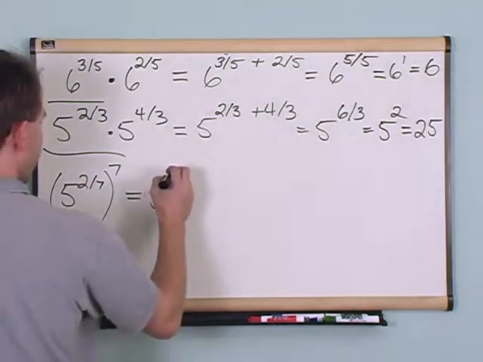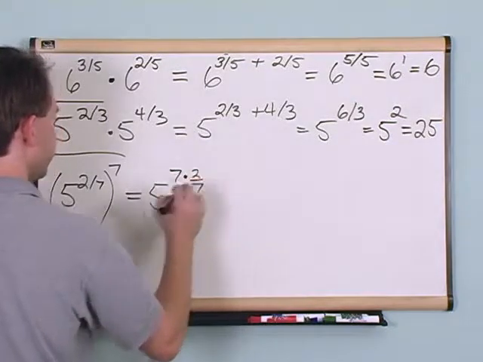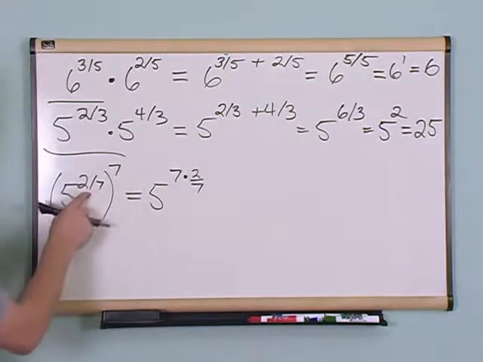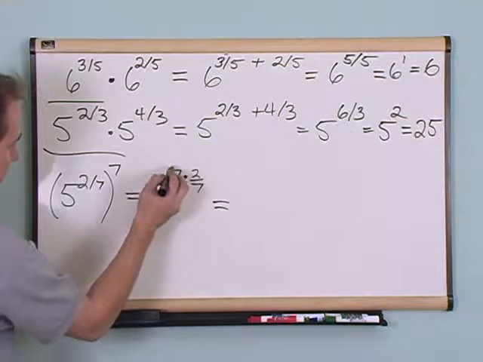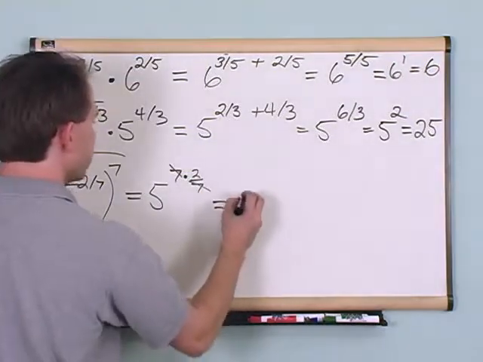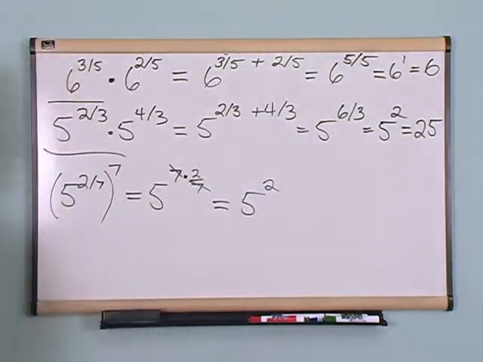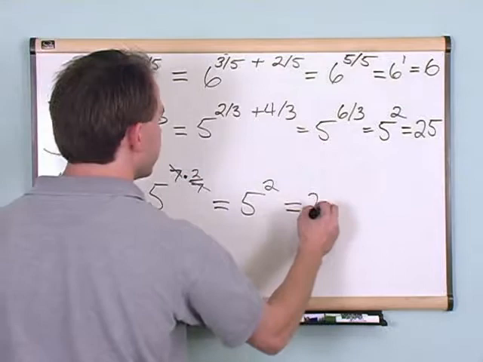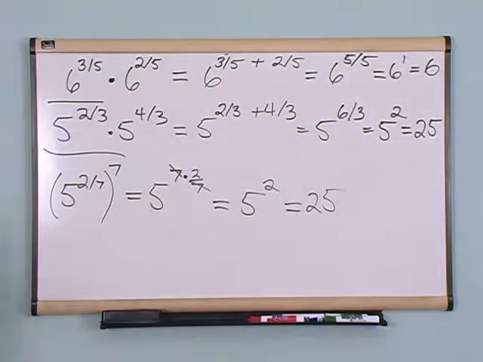So I'll have 7 times 2/7. You can see the 7 is going to cancel with the 7 on the bottom because 7 over 7 is 1, so those go away. So what I'm left with is 5 squared. That's all that's left over because the 7's are gone, which again is just equal to 25. 5 times 5 gives you 25.